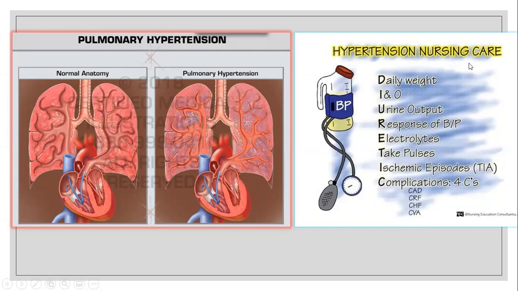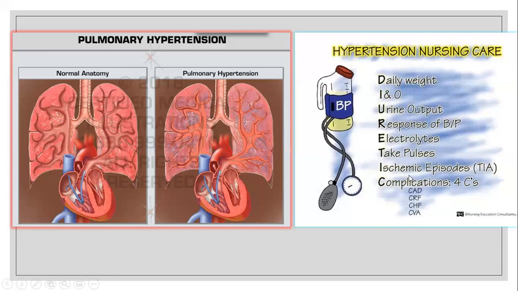We can measure the daily weight, also keep a record of input and output, how much fluid they take in and how much urine output, response to the blood pressure, then electrolyte monitoring, take the pulse regularly, and watch for ischemic episodes or TIA, transient ischemic attack, or other complications.